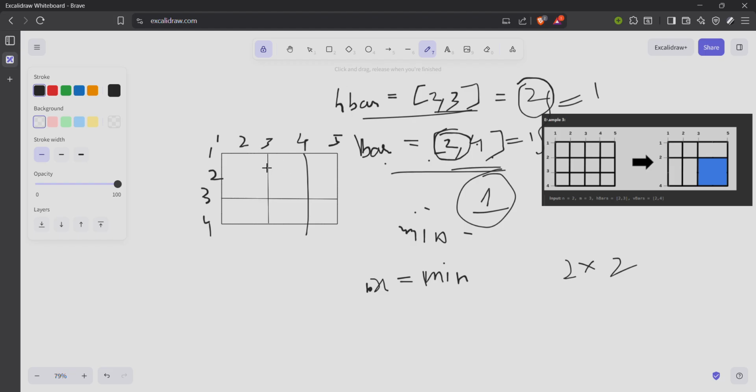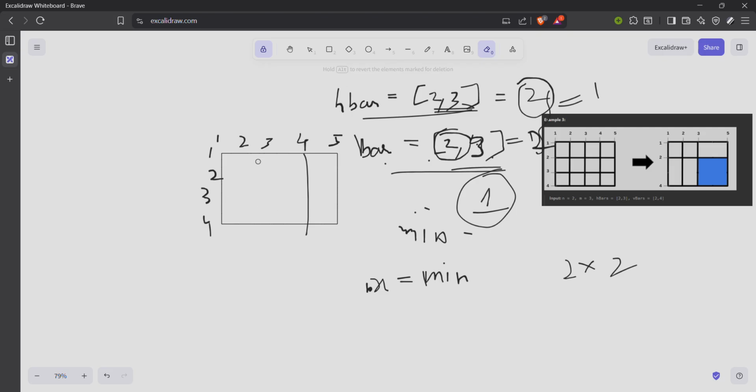Now let's assume we can remove two consecutive. Now let's say this is also three. Then in the horizontal bar we have the consecutive as two, and in the vertical bar also we have consecutive as two. So we can remove two from vertical, and then we can remove three as well from vertical. Similarly, we can remove two from horizontal and three also from horizontal.